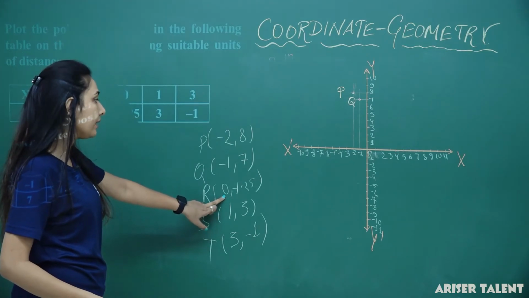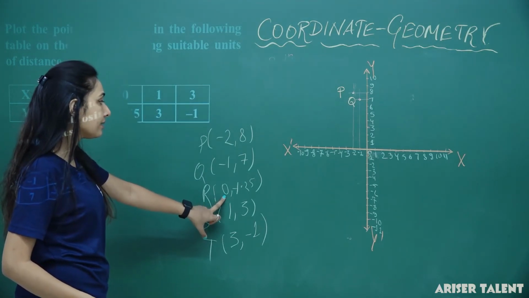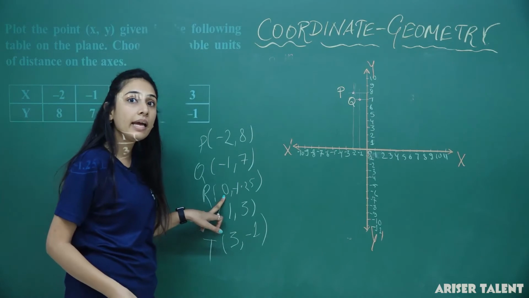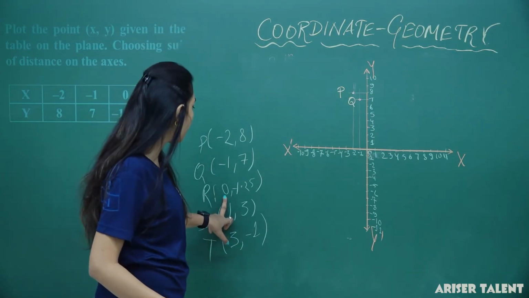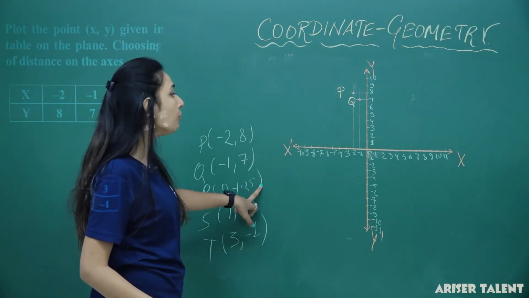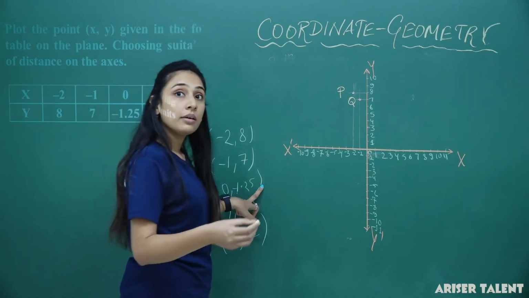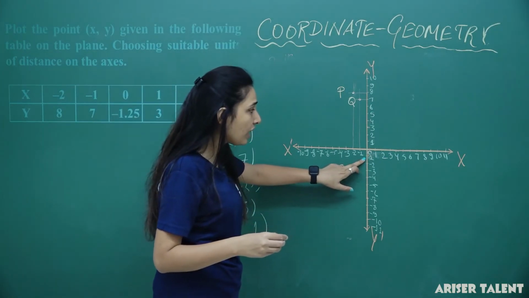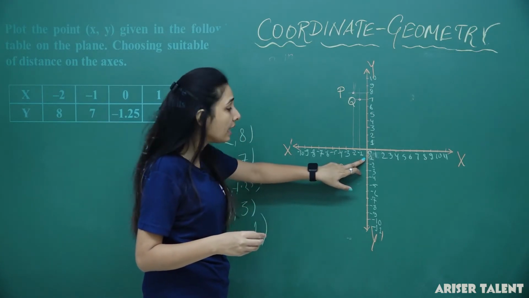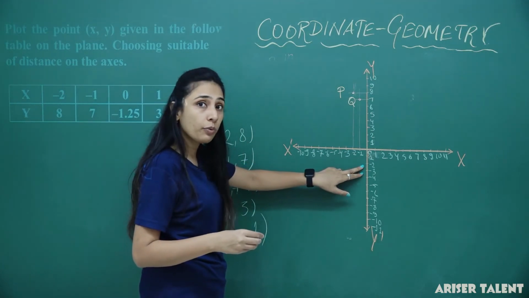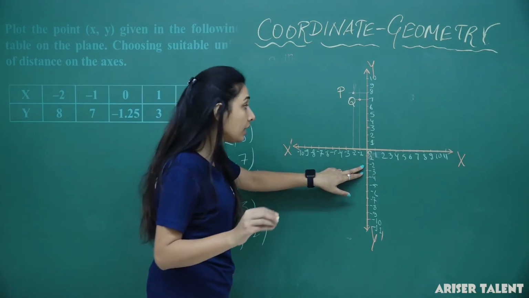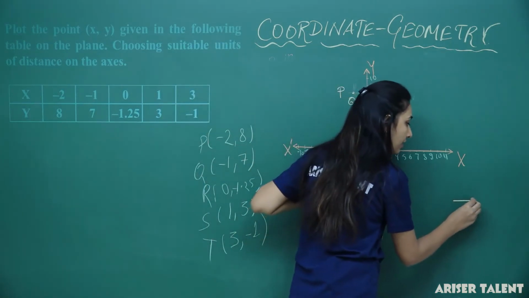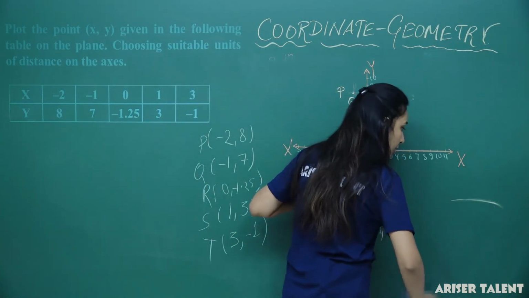Now students, this is R, which is 0 on the x-axis. If x is 0, that means the point will lie on the y-axis, where -1.25 is. Now -1.25 will lie here. 1.25 is greater than 1 and smaller than 2, on the negative side.